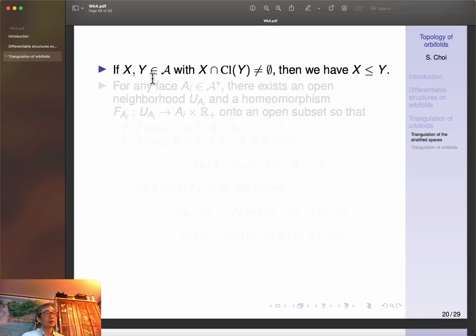So if x and y are in A with x intersect y not empty, then we have x less than y. So this is a property you need to require.